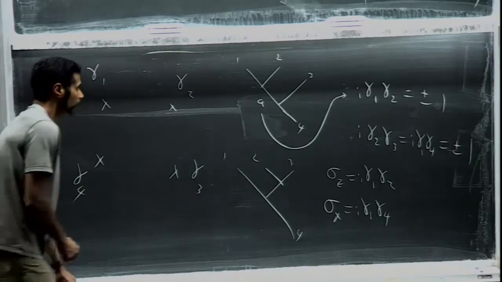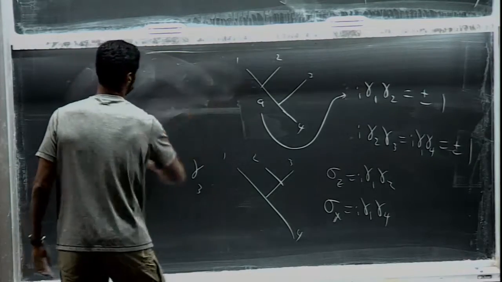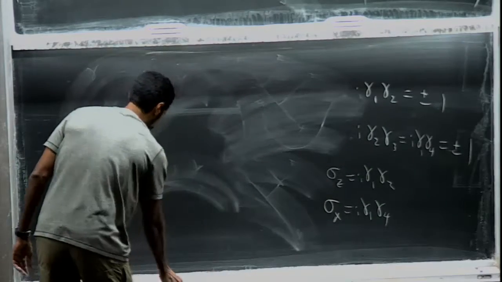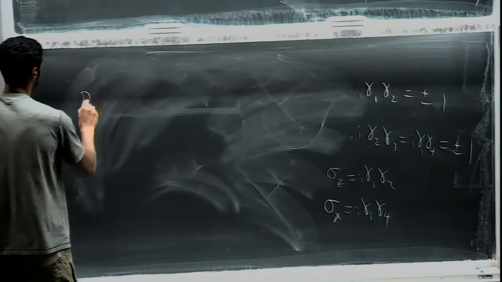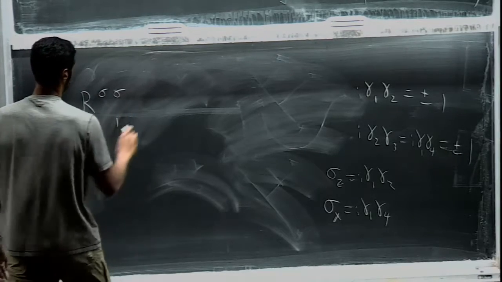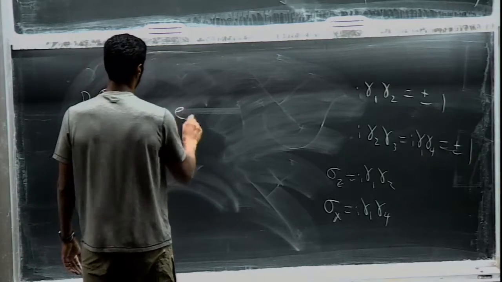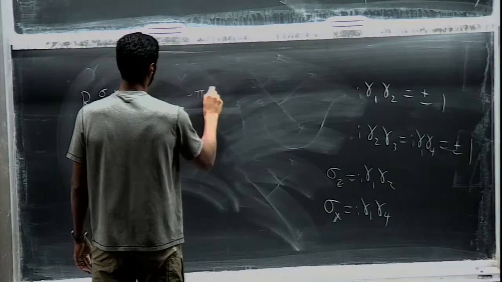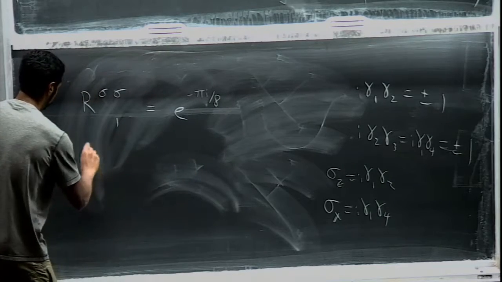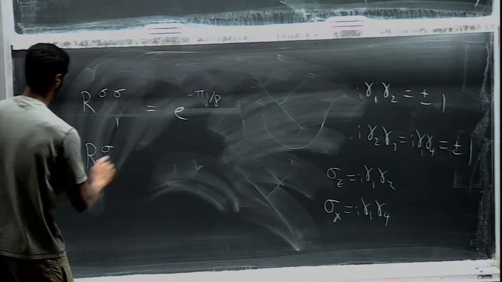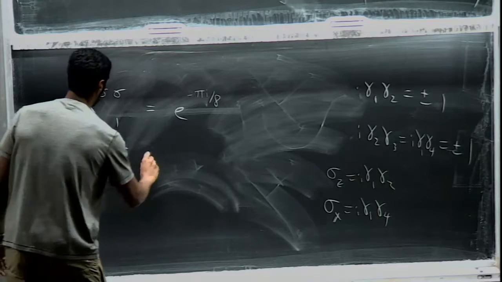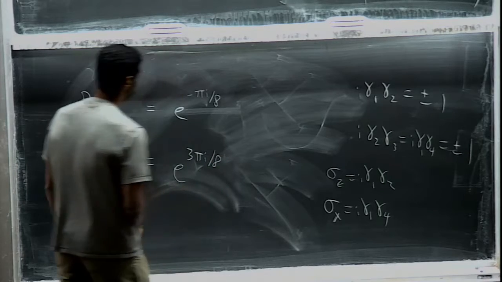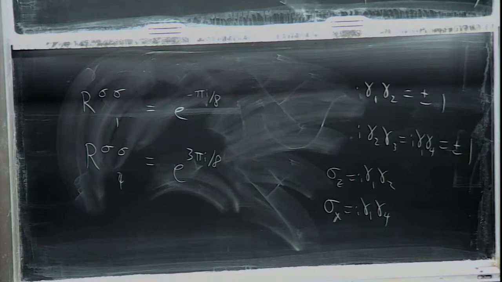And that tells us that a consistent solution, I should say, is R sigma sigma 1 equal to e to the minus pi I over 8, and R sigma psi is equal to e to the 3 pi I over 8.